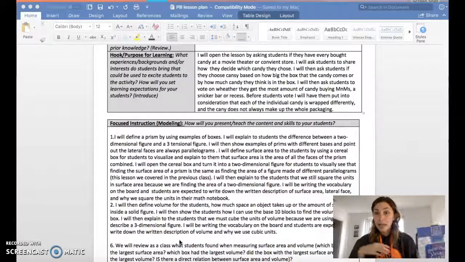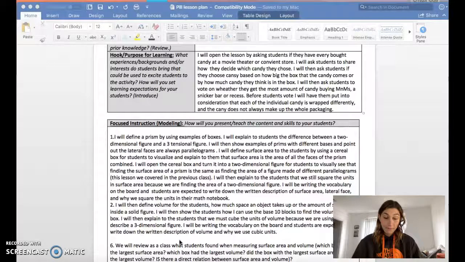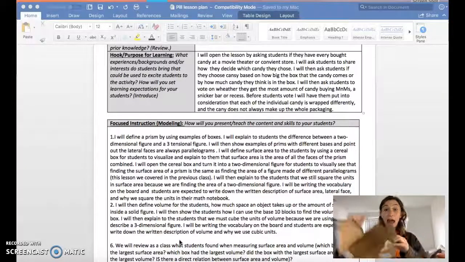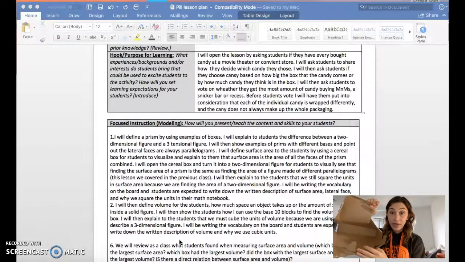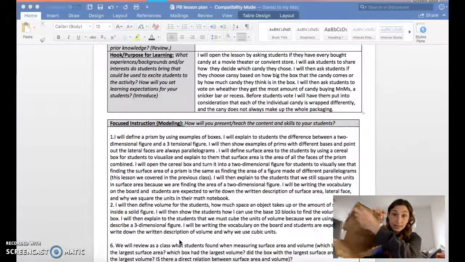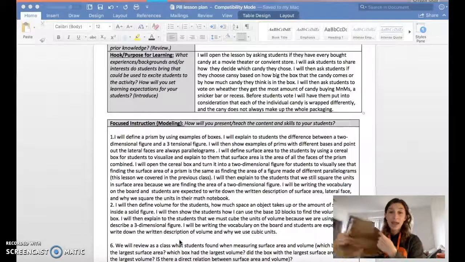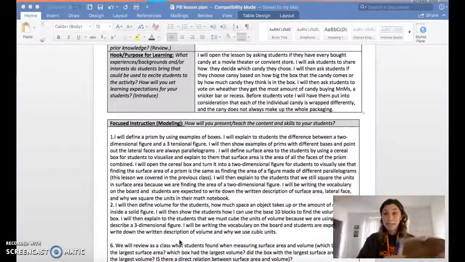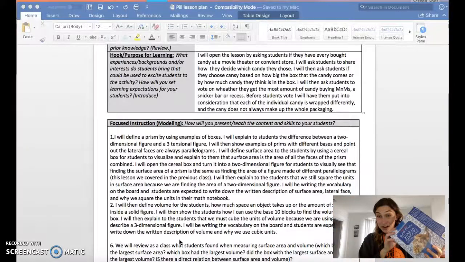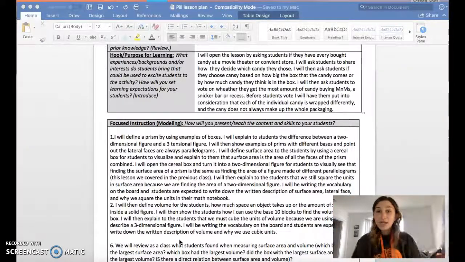Then, talking about area, I'll rip the cereal box apart so it becomes flat, and they can find the area of this square and this square and this square and add them together, and all of a sudden they have the surface area of the whole box.